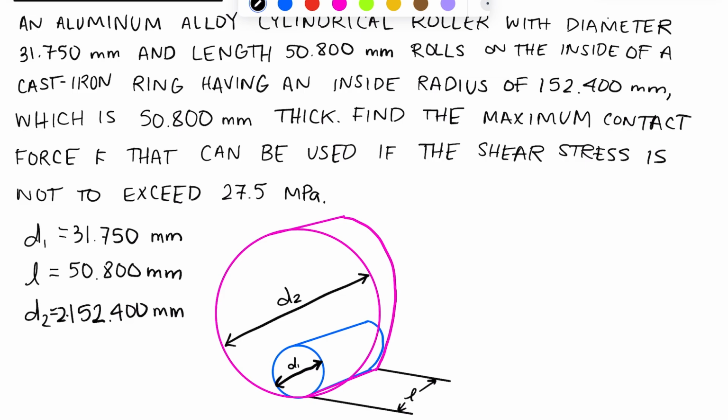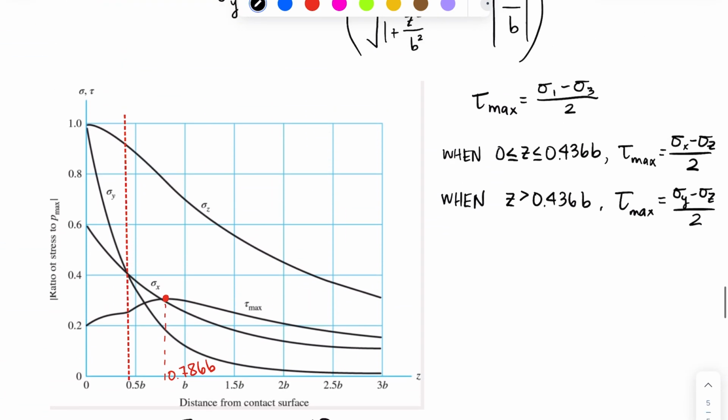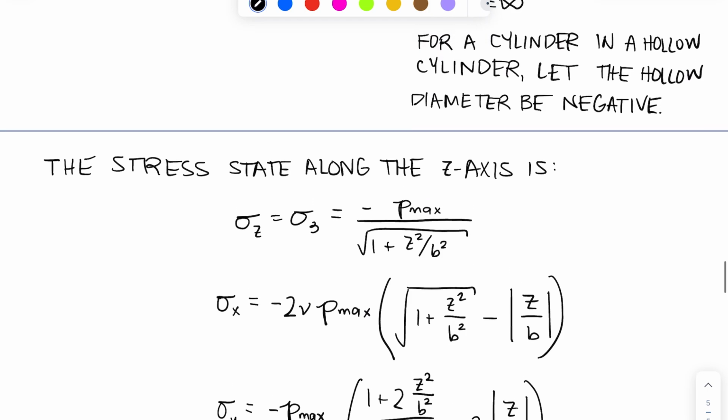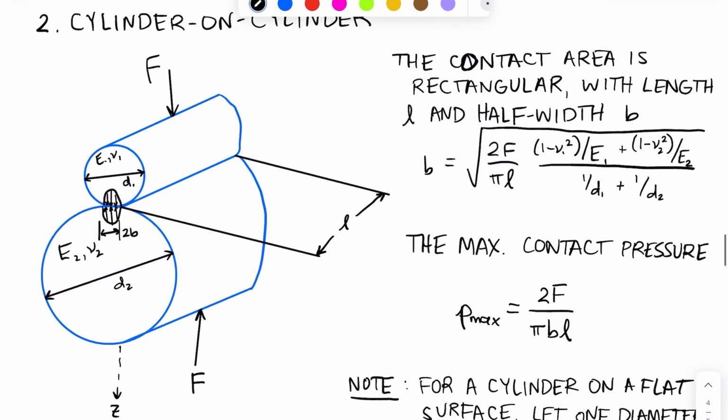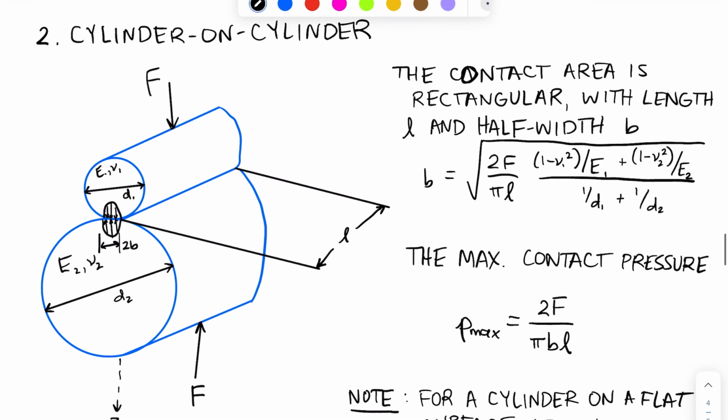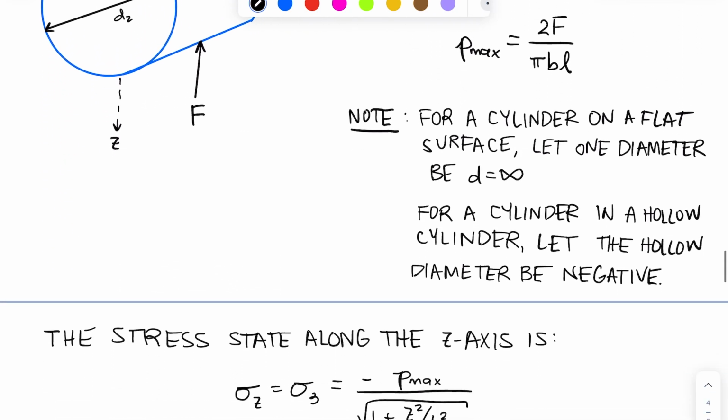Okay, so the other information that we need in order to use the equations that we went through last time for Hertzian contact. So remember, we're going to be using this cylinder-on-cylinder model, which we have equations for the contact area, for the contact pressure, and for all the stresses.